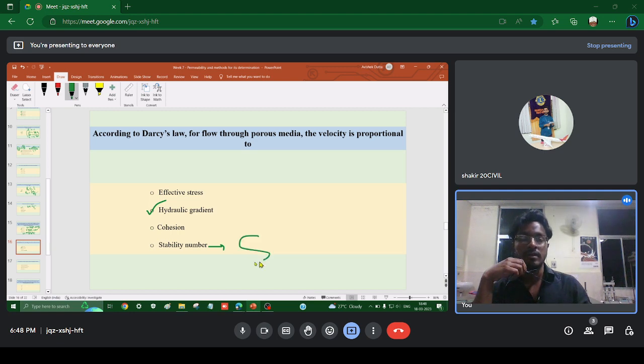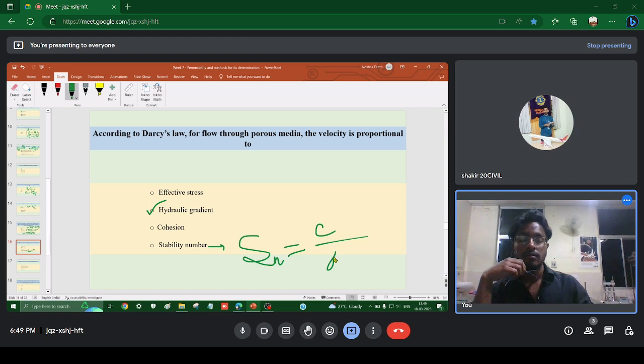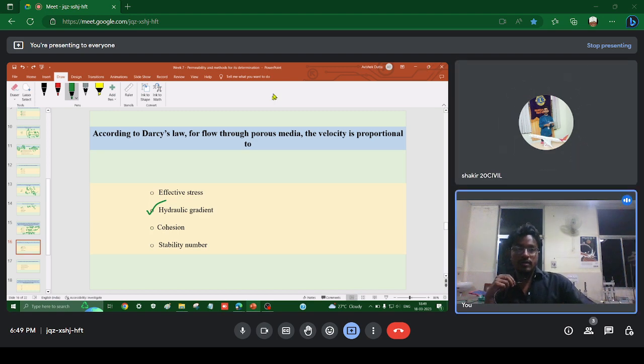If it's there, we'll cover it in the next module. Okay, yes, sir. It is c by gamma Hc. Hc is the critical height of slope. But you don't need this right now, just for information's sake. So yes, velocity is proportional to hydraulic gradient. Okay. Next question.